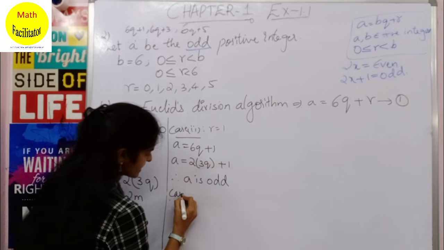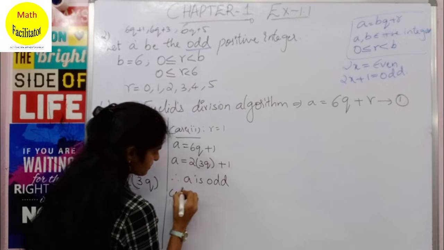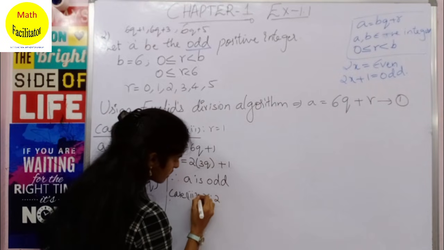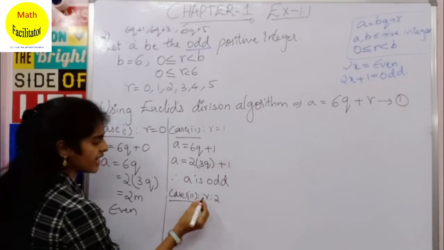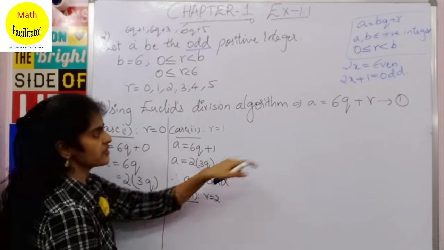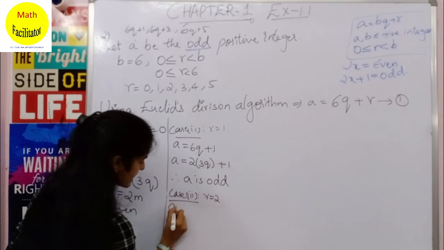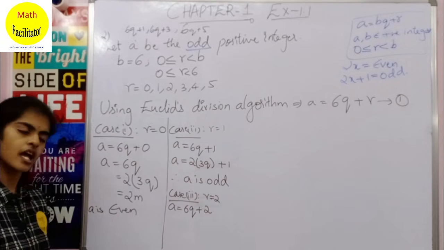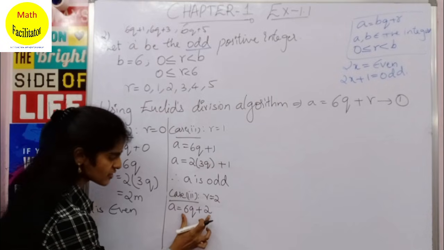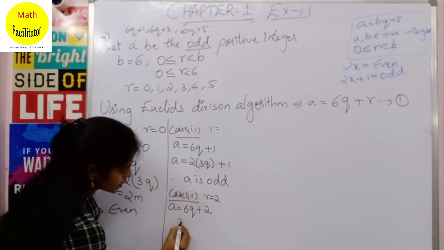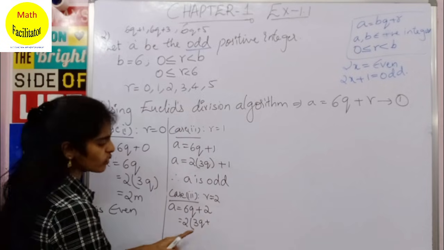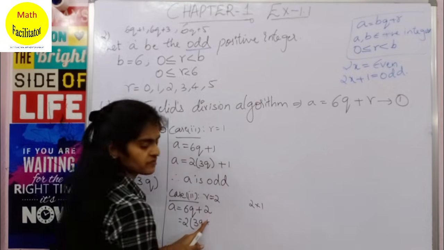Now let us take the next case, case 3. You will take r as 2. So when r is equal to 2, what will this equation become? a is equal to 6q plus 2. Now from these two numbers, you can take 2 common. Taking 2 common, you have 3q plus, now 2 you can write as 2 into 1, right?